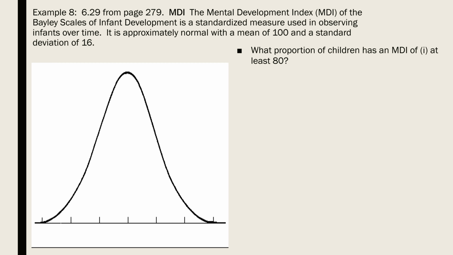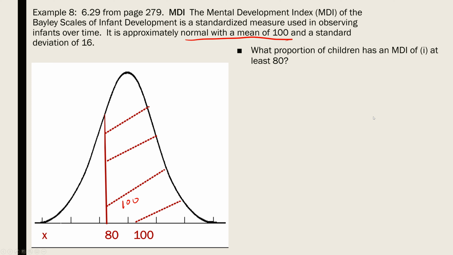Very similarly, we can answer this question. What proportion of children has an MDR at least 80? Remember that the normal distribution has a mean of 100. The 80 should be on the left side of 100 here. Because we are interested in at least 80, the right part will be the shaded area.